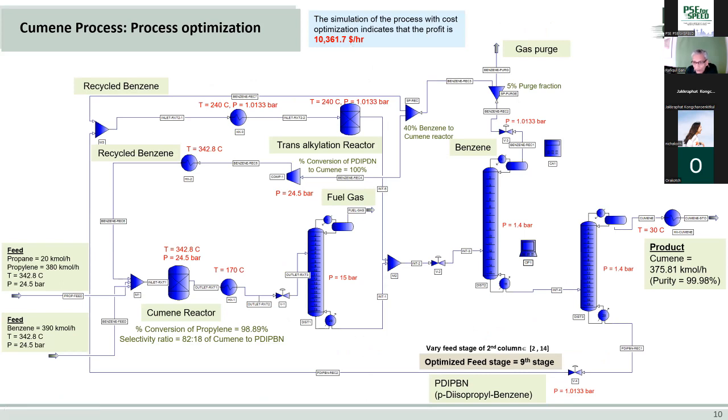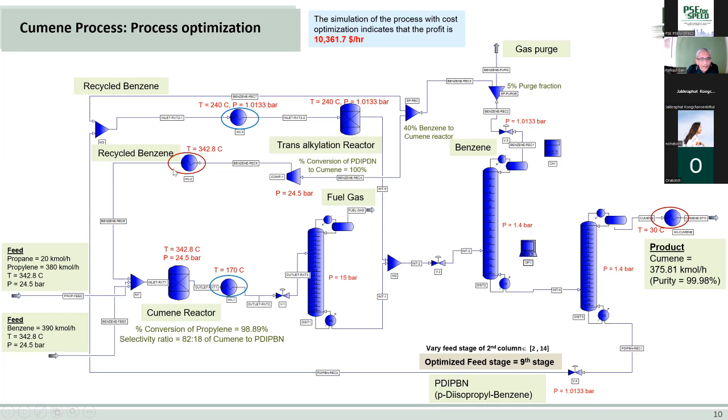But can we improve further? What we see is that there are heat exchangers that need to be heated, and there are heat exchangers where we need to cool. In some places, the temperature needs to be cooled, for example, from 342 to 240.